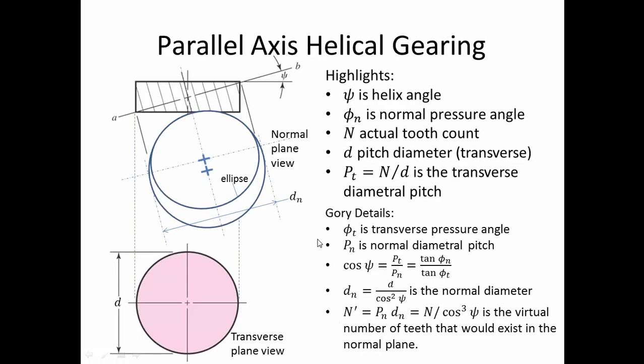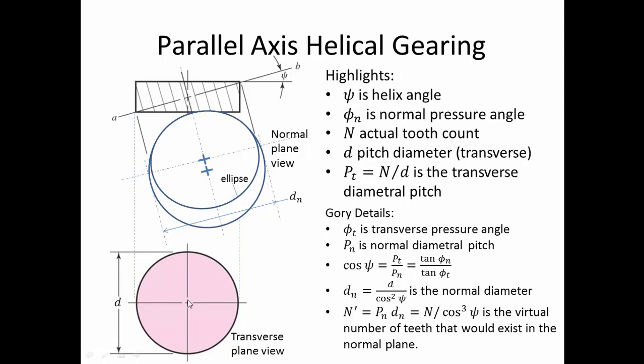So for parallel axis helical gearing, the teeth are canted at an angle. The angle is psi, that's the helix angle. Your pressure angle that you had before is now referred to as a normal pressure angle. Capital N is the actual number of teeth on the gear.